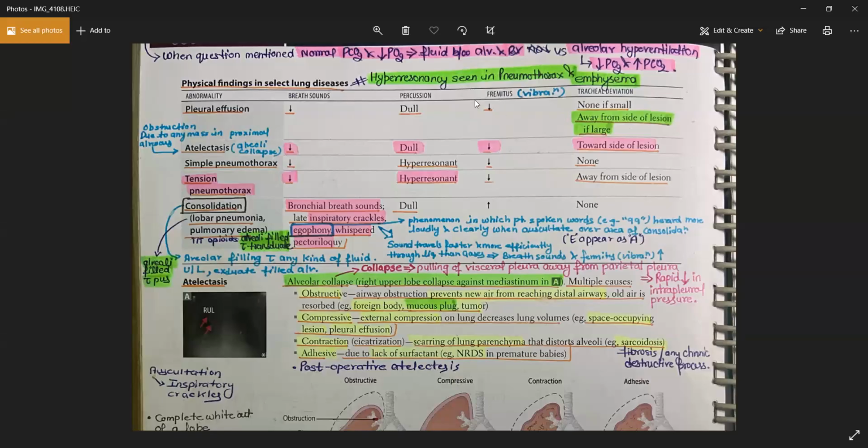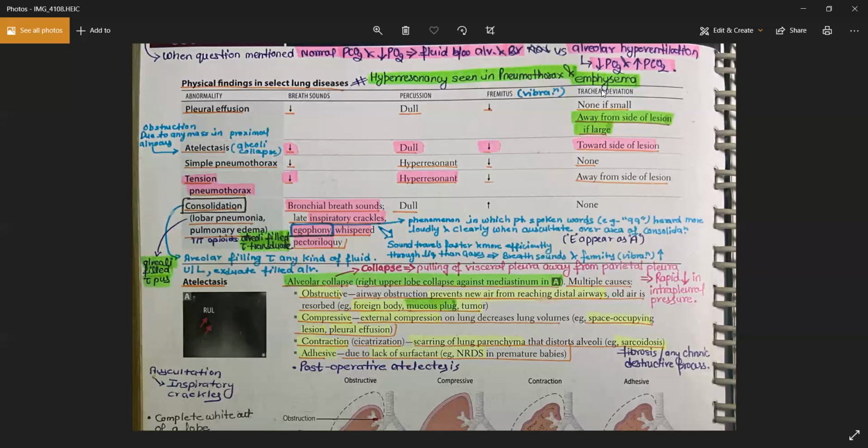In case of atelectasis, because the lungs are collapsed, you will have a loss of vibration again. In case of pneumothorax, the air is filling the pleural space and compressing the lungs. Again, loss of vibrations will be seen. But in case of consolidation, vibrations can easily travel in solids, so you will have a very high vibration. So fremitus will be increased in case of consolidation while decreased in all of the others.